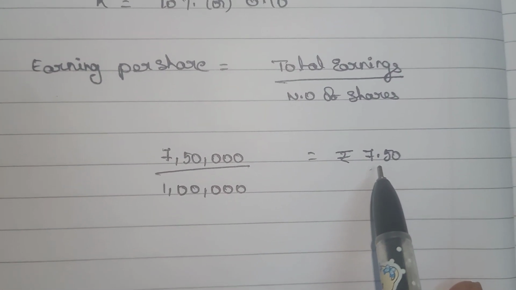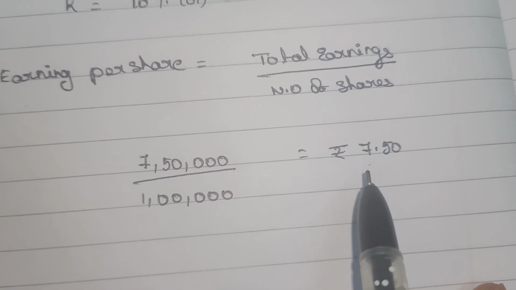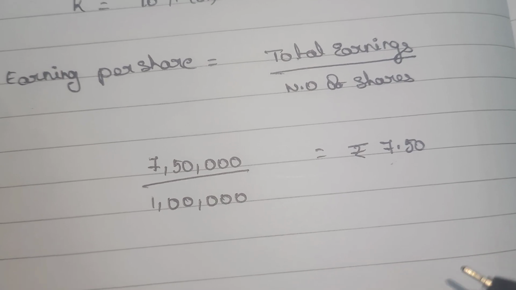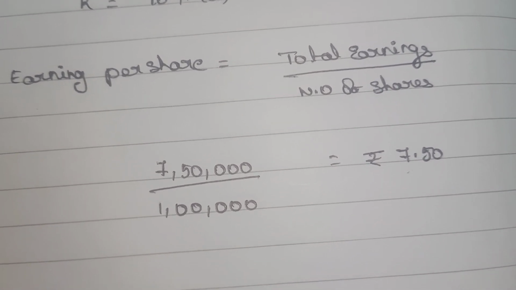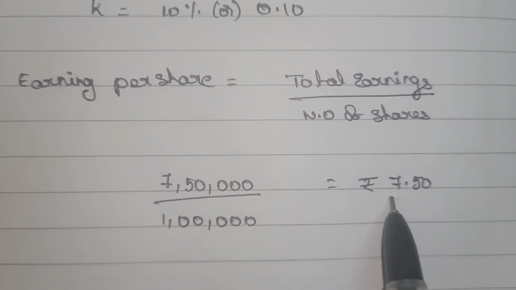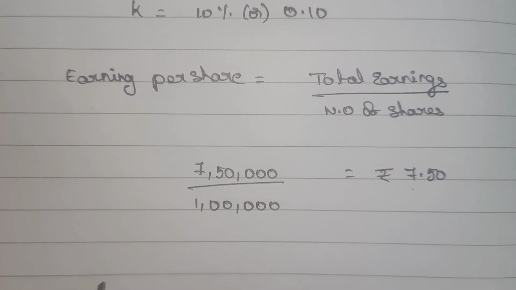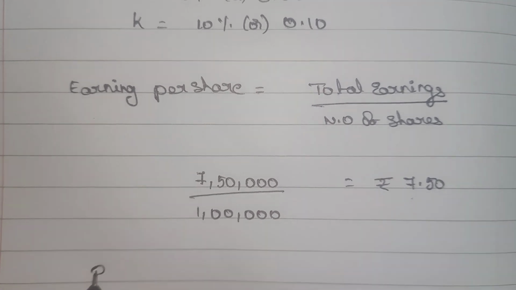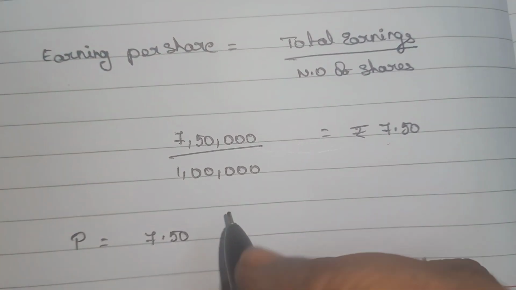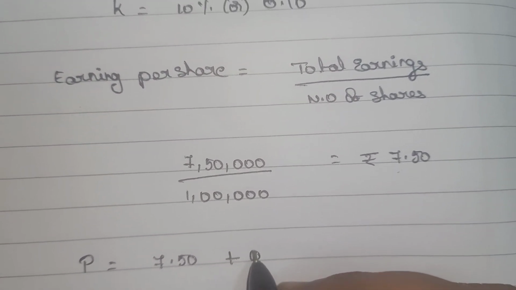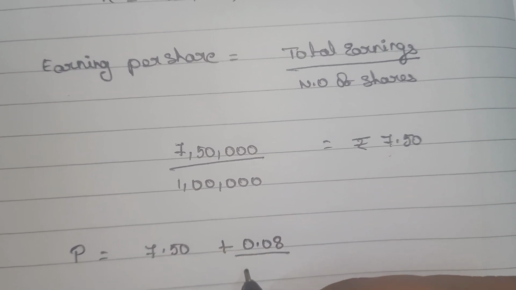Now the dividend per share, when we calculate it, also comes as 7 rupees 50 paise. Now we have to substitute in the formula, where market price P is equal to 7.50 plus R, which is 0.08, divided by 0.10, that is the cost of capital.